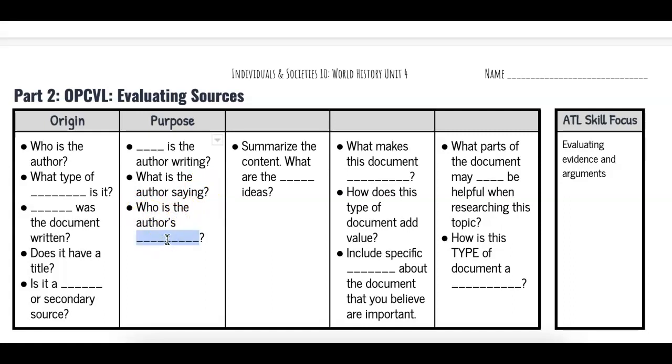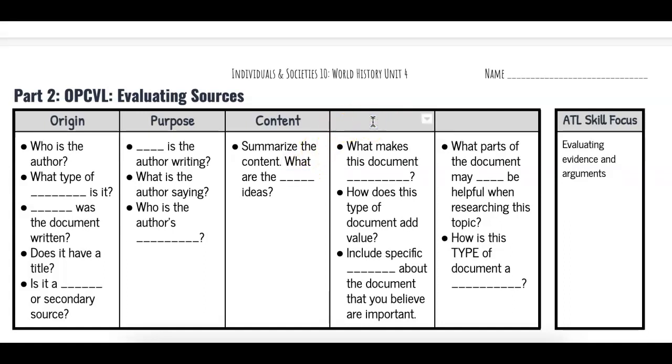Who are they trying to reach? Who do they want this document or source to be meaningful to? The third letter, C, is content. Content is basically information. So summarize the content or information. What are the main ideas? What are the big things that the author or authors are trying to convey?